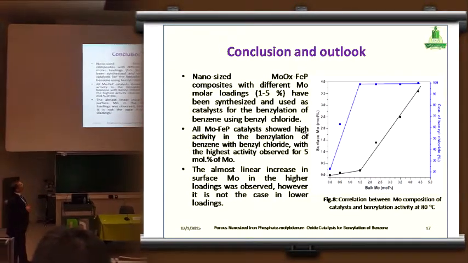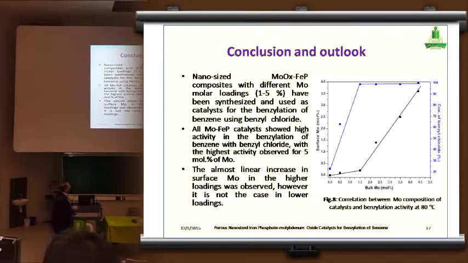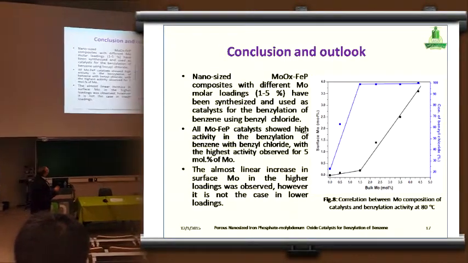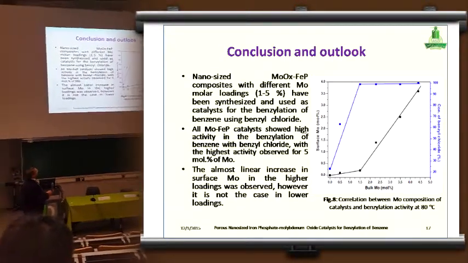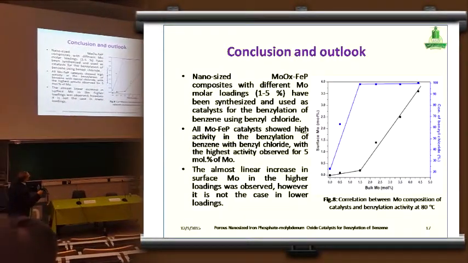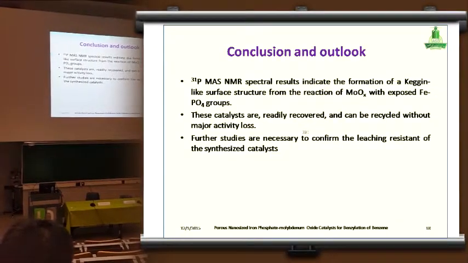A linear increase with the loading was observed, however, it's not the case for the lower loading. Comparing the surface molybdenum mole percent with the bulk molybdenum and the percent conversion, we have the highest conversion upon the formation of the Keggin structure itself on the surface.